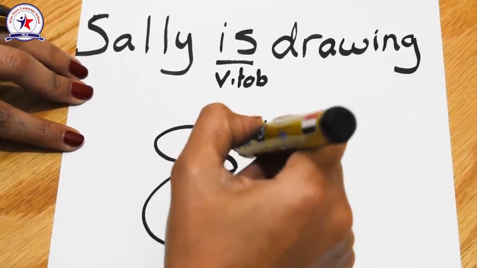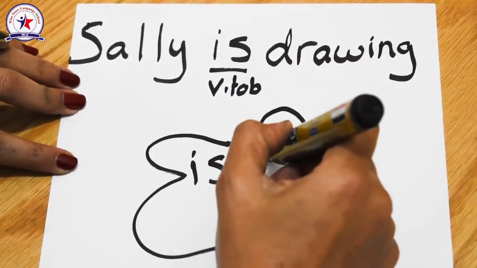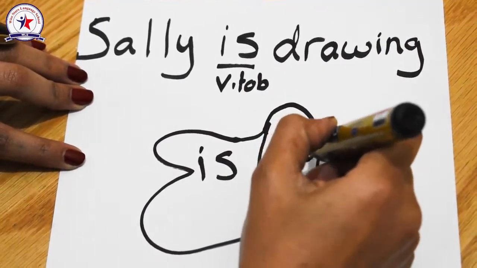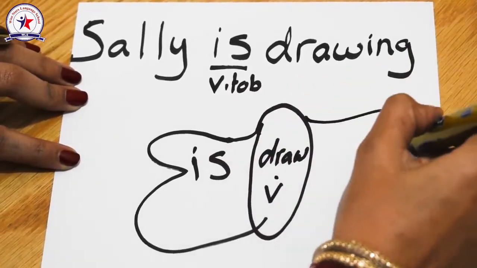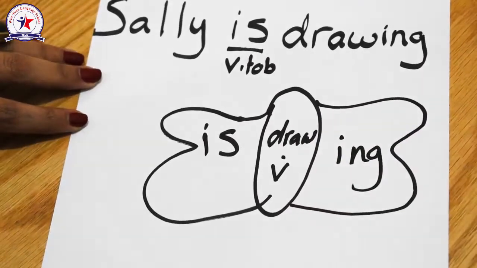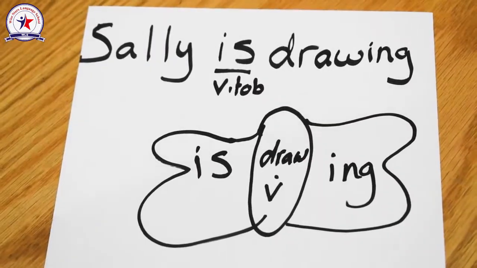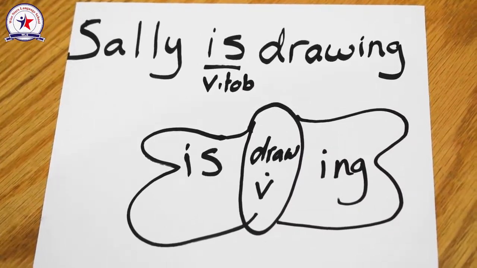The body is draw, this is the verb. And the ing is the second wing. So, this is how we say the verbs in the present continuous.